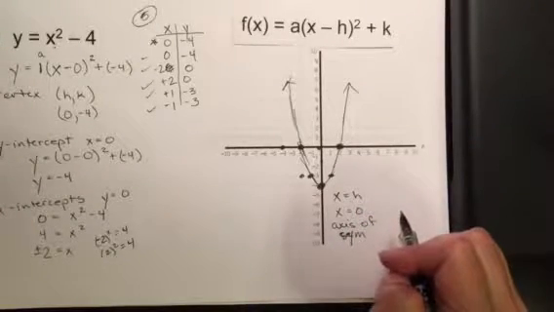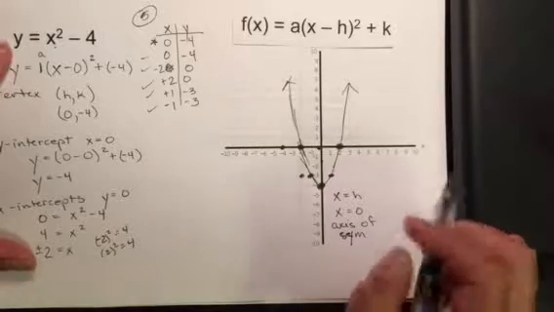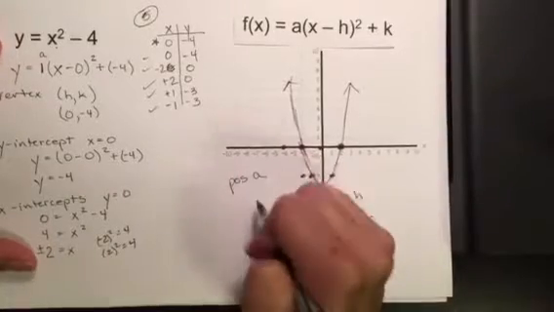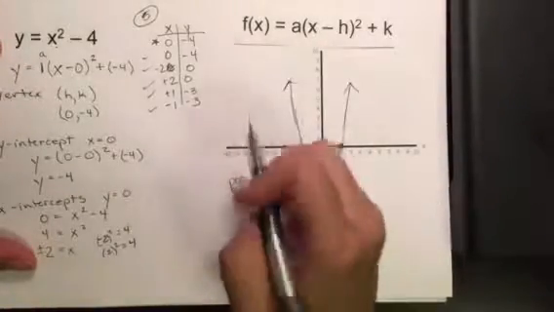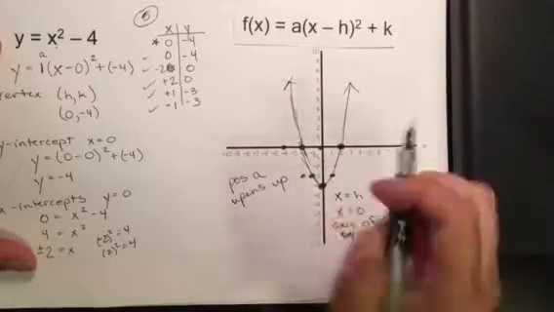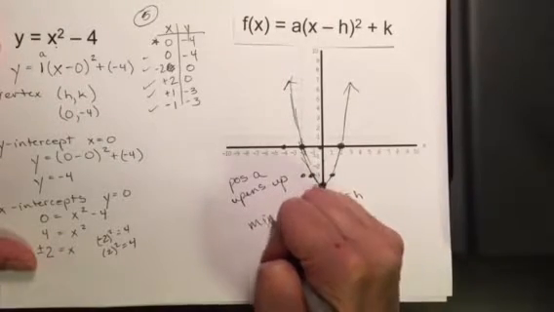And then we need to talk about whether we have a maximum or a minimum. We have a positive a, and therefore our parabola opens up. So this vertex point right here is our minima.